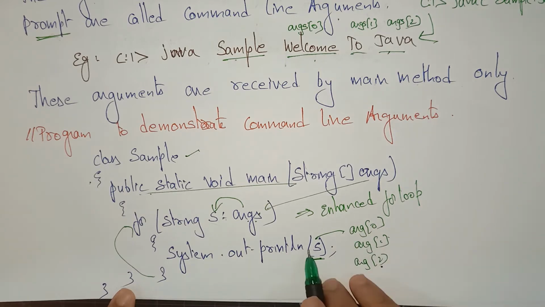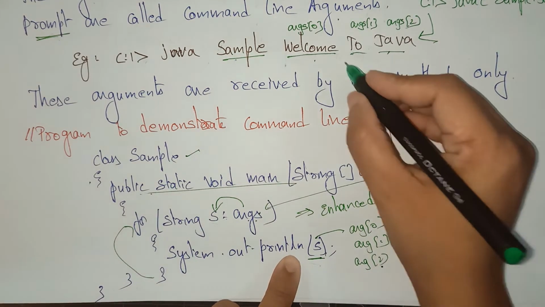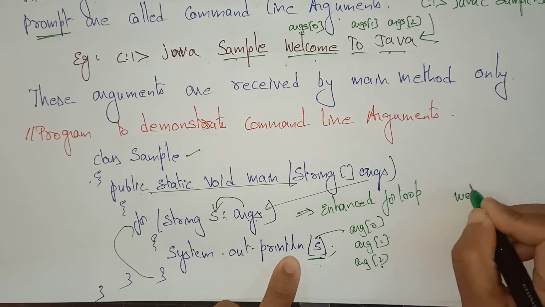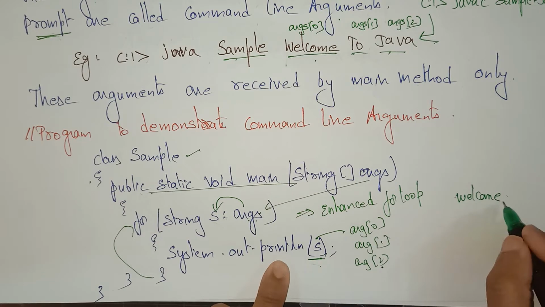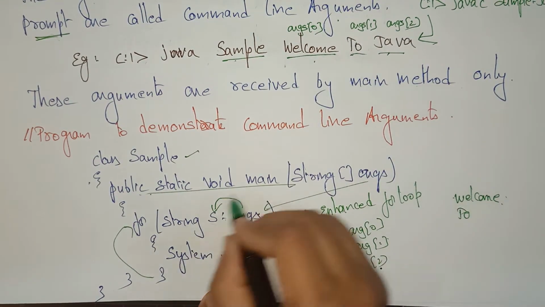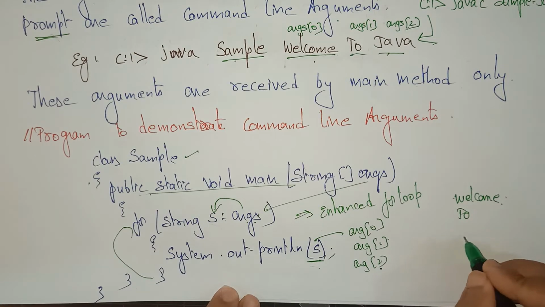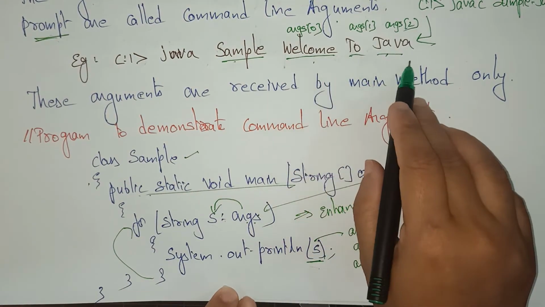So what will be the output? Suppose argument 0 is Welcome. Next, println moves to the next line and prints the next argument, 2, and again you go back and print Java. There are no more arguments, because I passed only 3 arguments.